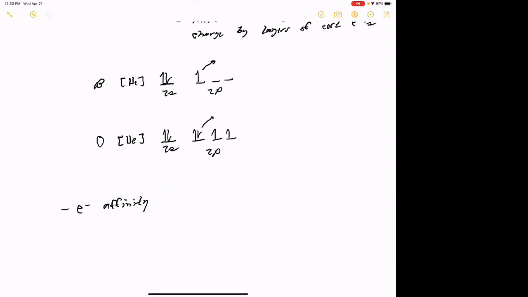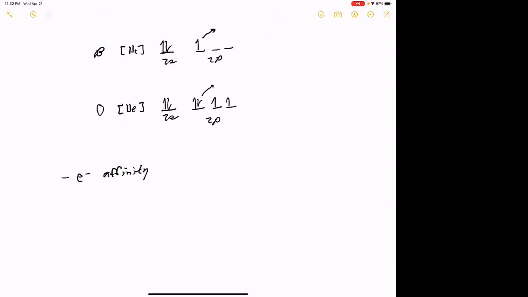All right, so we'll do that in terms of fluorine. I think that's the one we did in the video. So if I take a gas phase fluorine atom, and now I force an electron into it, we're actually doing this in mole quantities, we end up getting the fluoride ion, F minus, also in the gas phase. Now, the electron affinity in this case is going to be exothermic.